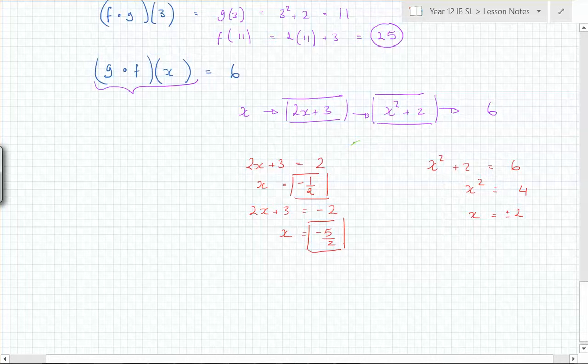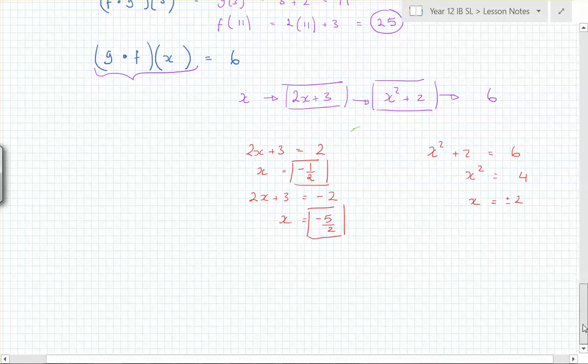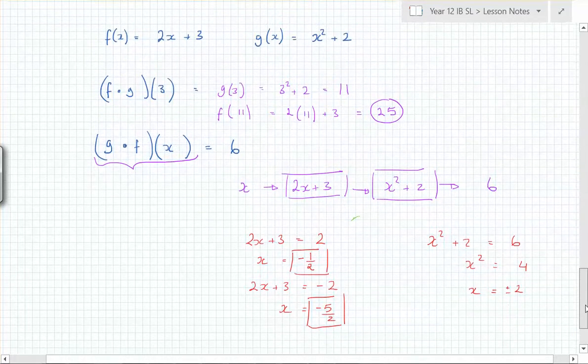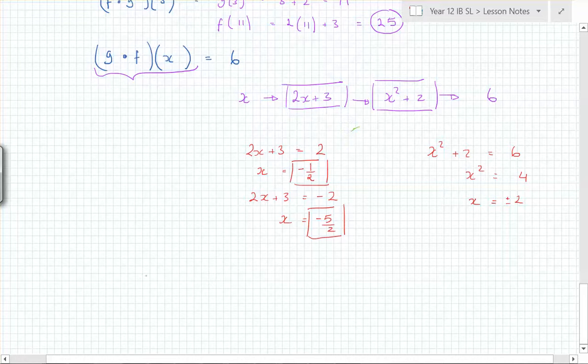The other way to look at it is actually, let's find what gf of x is as a function in its own right. And let's see whether we get the same solutions. So we've got 2x plus 3 and g of x. So let's actually find what g of f of x is as its own function. Alright?